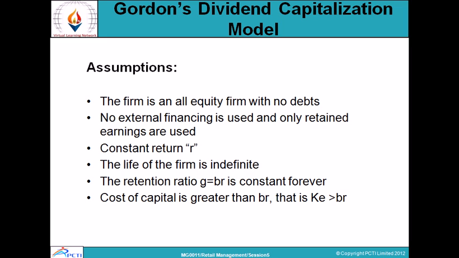The return will not be constant every year. And the life of the firm is indefinite. The second last assumption is the retention ratio, that is g is equal to br, is constant forever. And the last assumption is cost of capital is greater than br, that is, the cost of capital is higher than br.